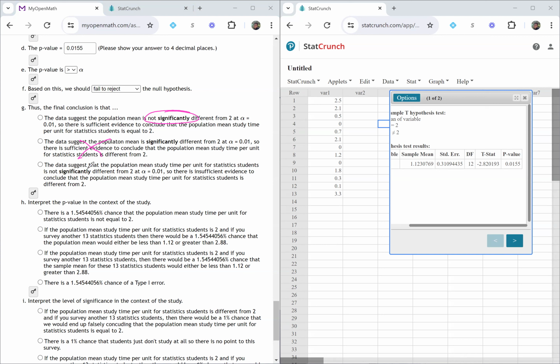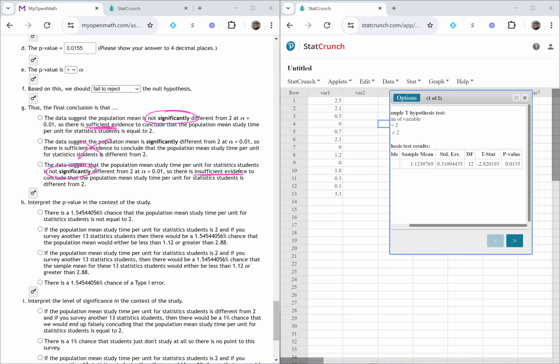So it's either the first choice or the last choice. Let's read the two. They look so similar, except one says there's sufficient evidence and the other says there's insufficient evidence. The data suggests that the population mean is not significantly different from 2 at alpha equals 0.01.